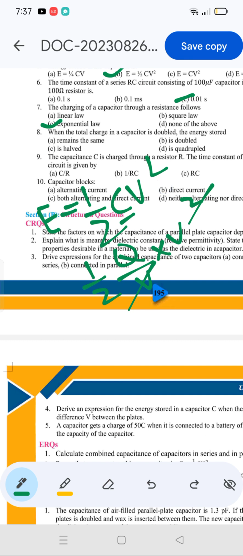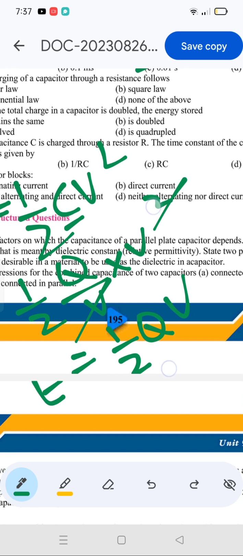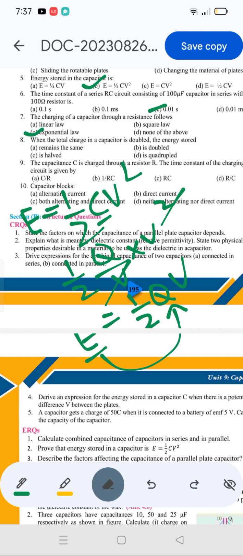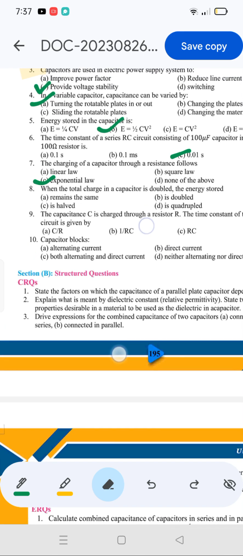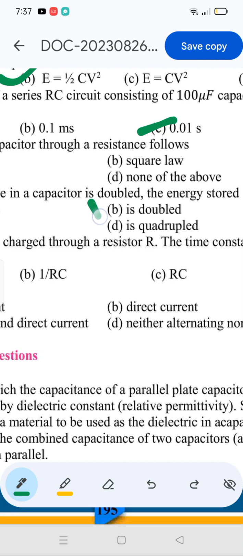One V cancels with one V, so E is equal to 1 upon 2 QV, which means energy is directly proportional to Q. If you are doubling the charge, the energy would automatically be doubled as well.